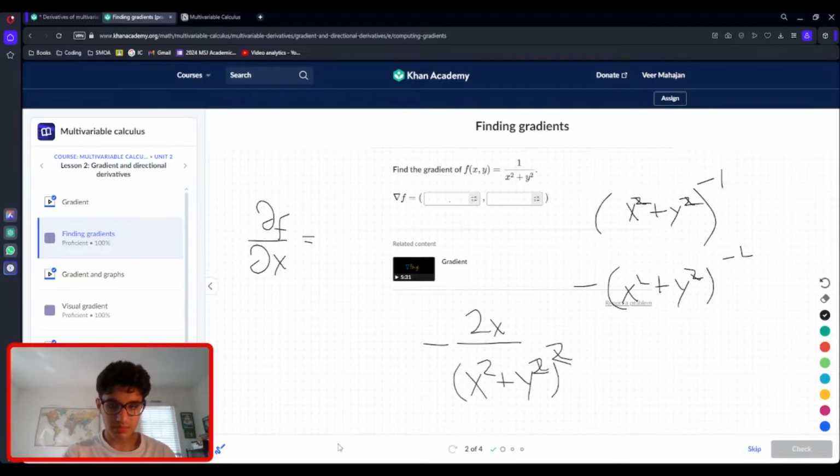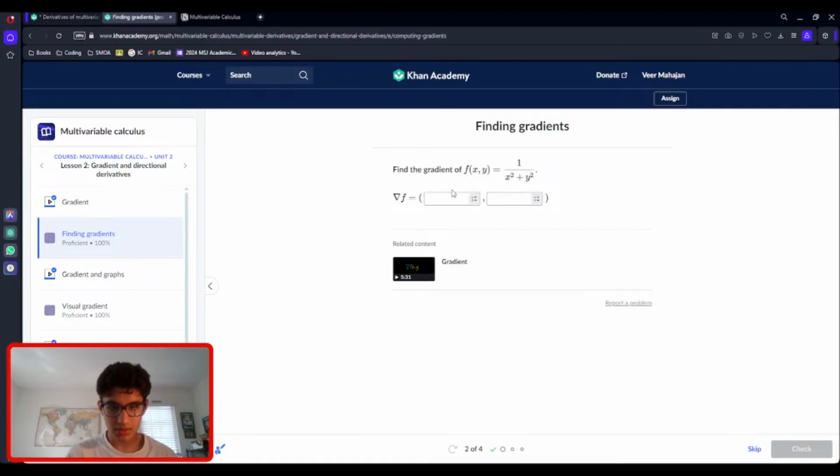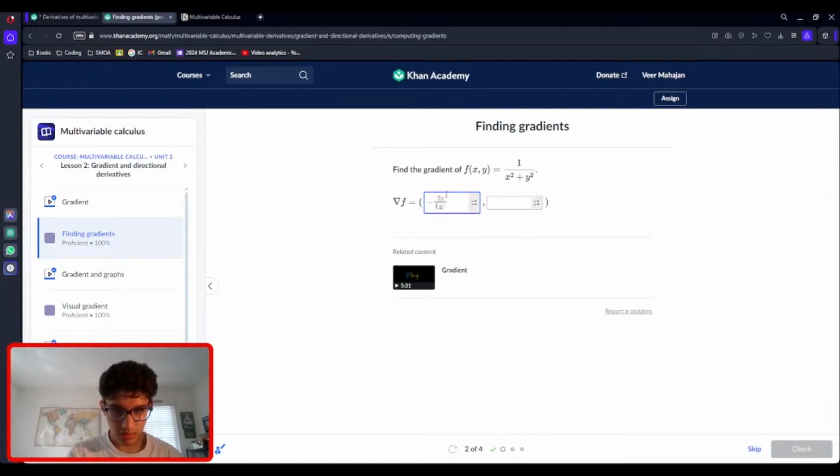Okay. -2x over this. Similarly, then the other one will be, wait, x squared. Wait, I think this is wrong. This one will just be the same thing, but now with a -2y on top.